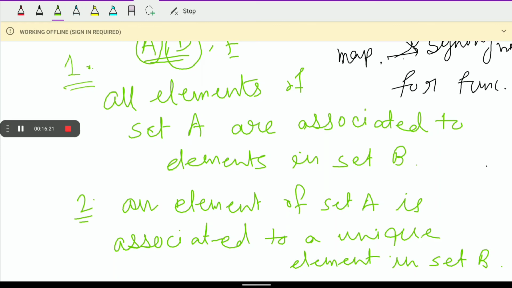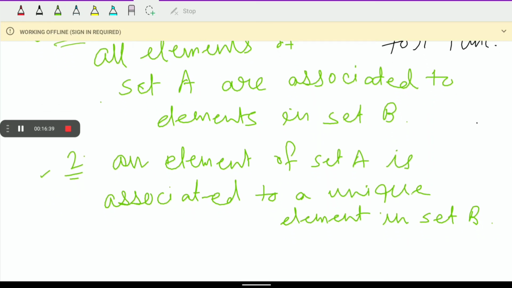So in other words, a function f from set A to set B associates each element of set A to a unique element of set B.